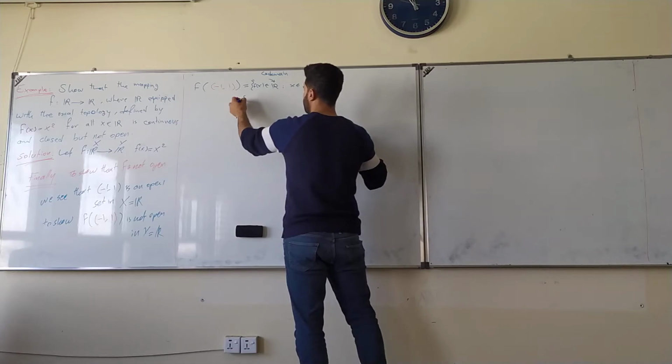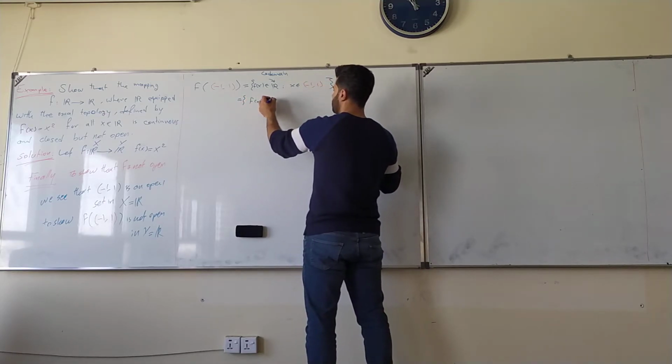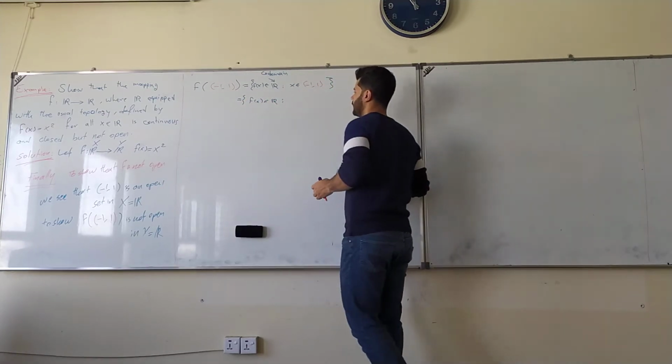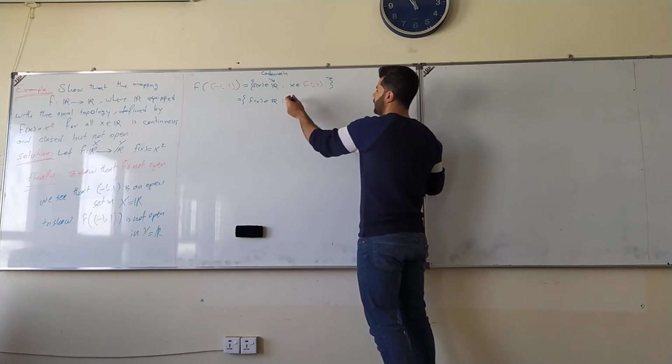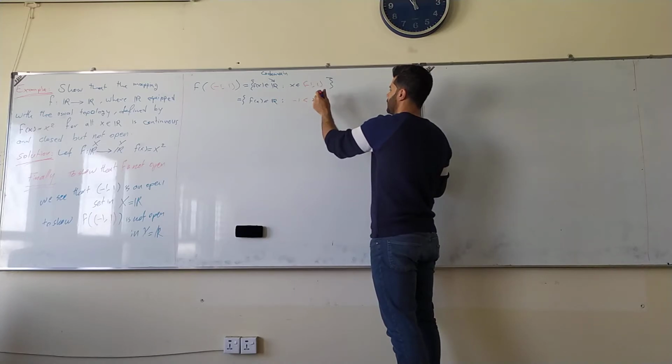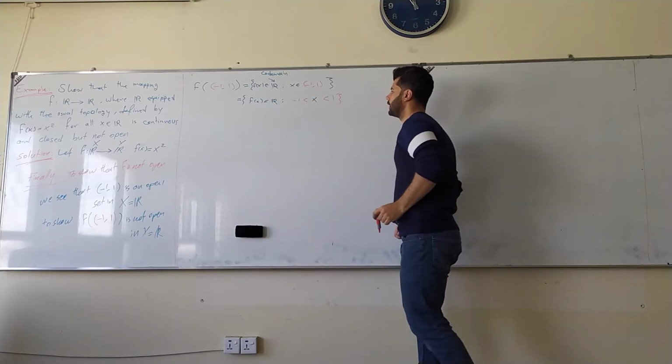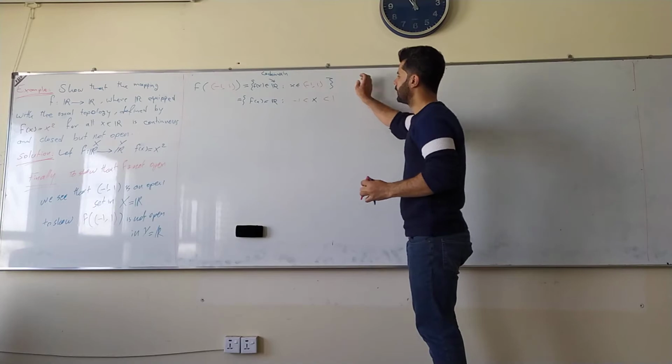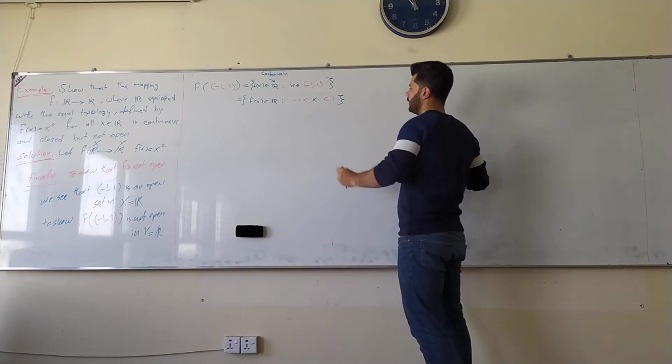And then it is equal to f of x belongs to R such that -1 less than x, which is less than 1, and we want to find the f of x.